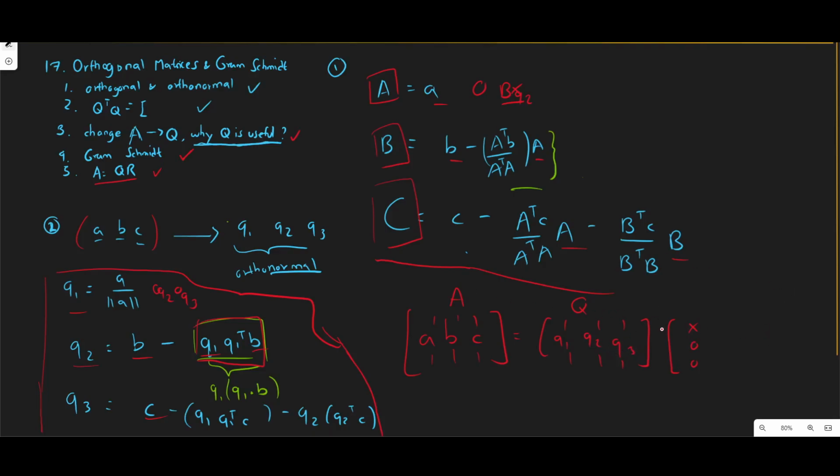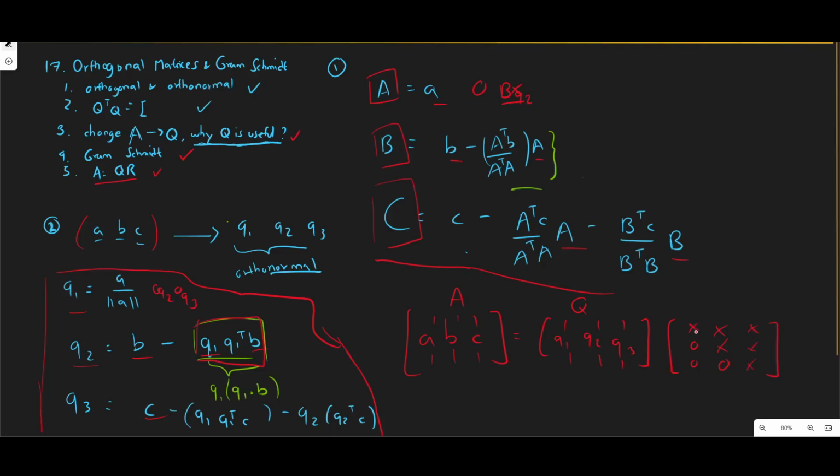Similarly, for getting B, it begins to have two factors: Q1 plays a part, and Q2 itself plays a part, and Q3 doesn't play any part here, so it is 0. And the same thing here.